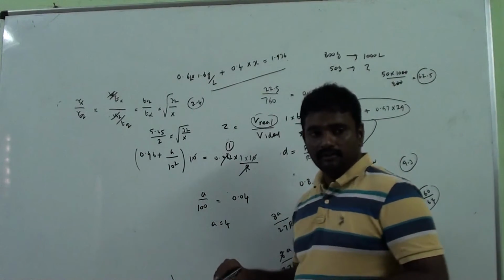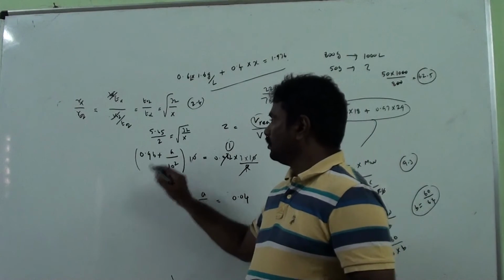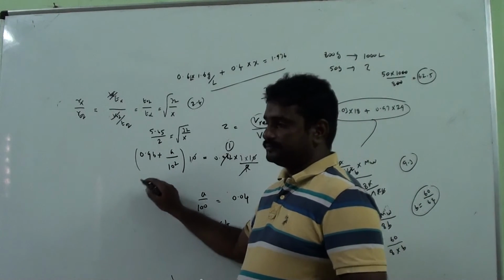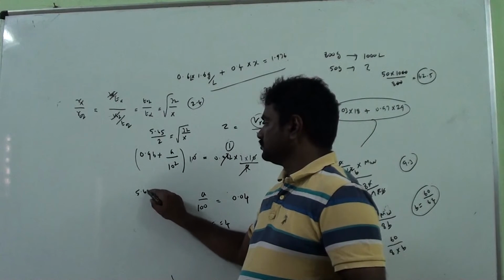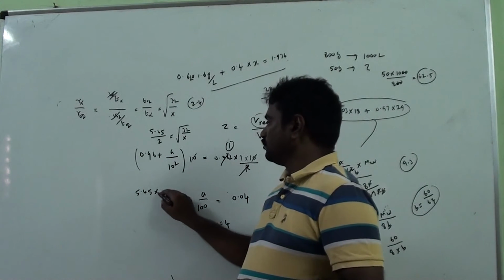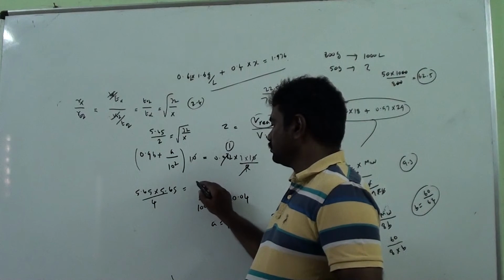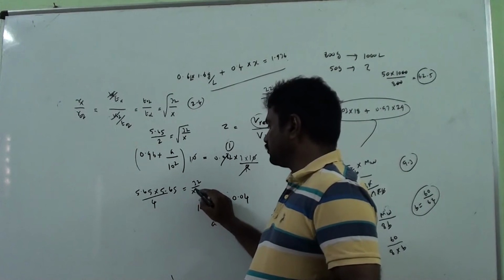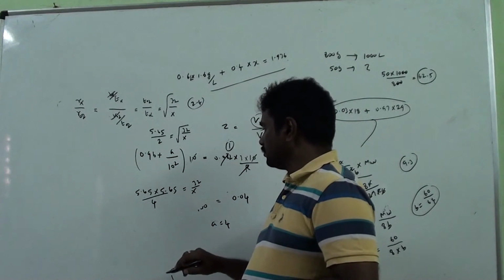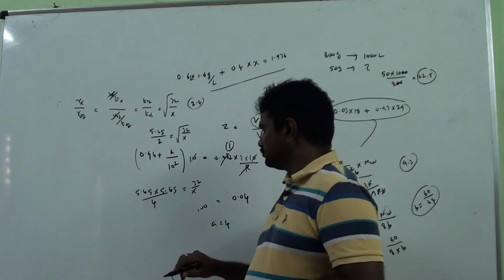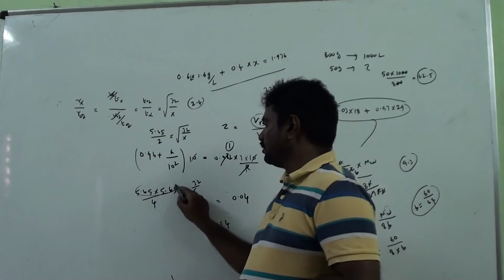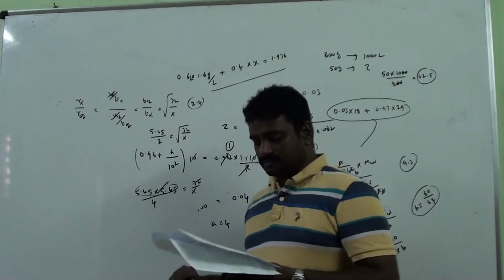So squaring, x equals 32 into 2 by 5.65 whole square, which is approximately 32 divided by 8, giving x equals 4.